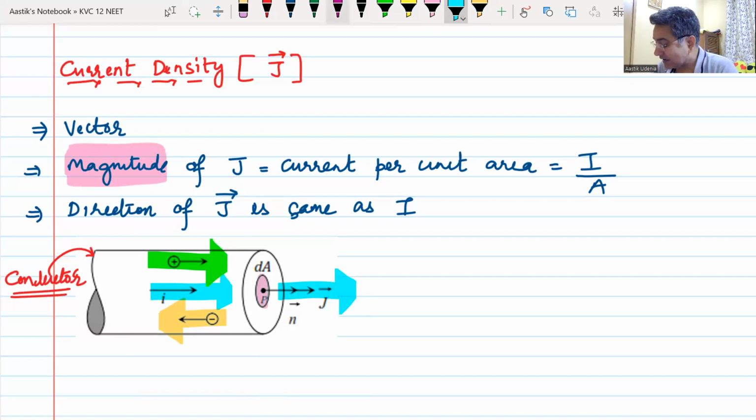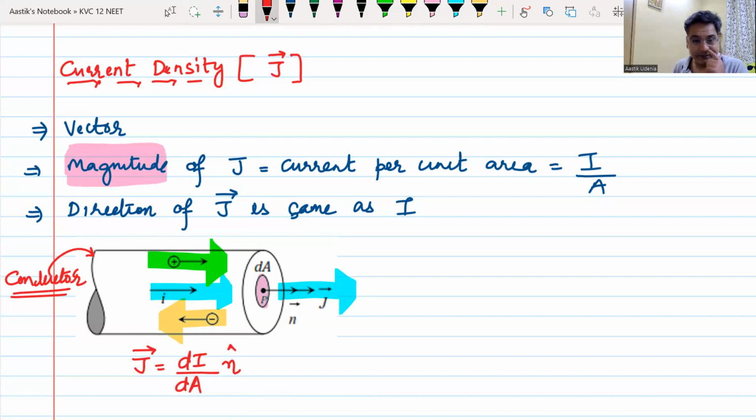If I have to write current density in this case vectorially, it is written as the small current flowing through this section divided by a small area, multiplied by this unit vector. This unit vector eta, which you can also write as a vector, is in the direction of current.